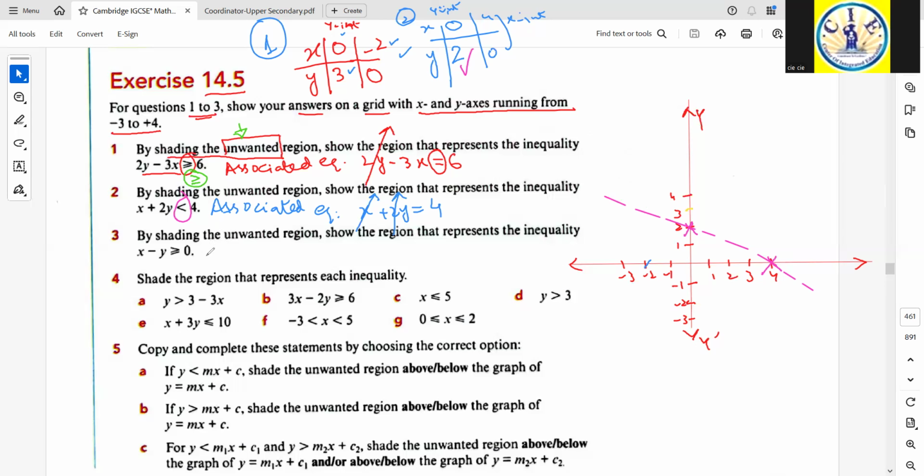Okay. Now, in this case, again, I need to have the associated equation like this: x minus y equals 0. Now, in this case, the equation would become even easier if I write it down as x equals y. And this will give me an easy insight to draw the table of values as well.